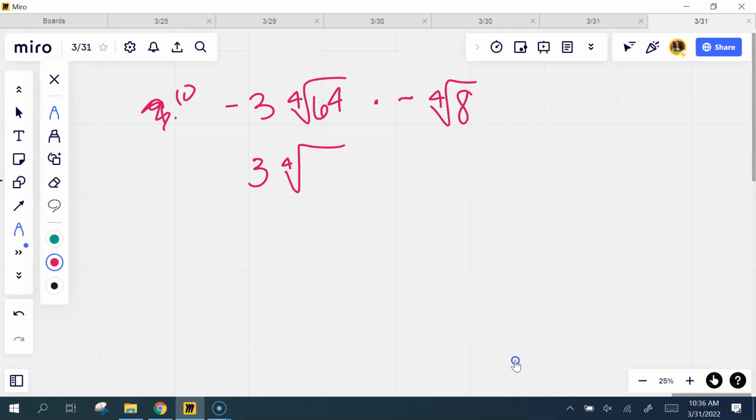What is 64 times 8? What is it? 520? 512. You see where I got that? 64 times 8. Now I can try to break this up. Is there a perfect fourth that I could take out of there?